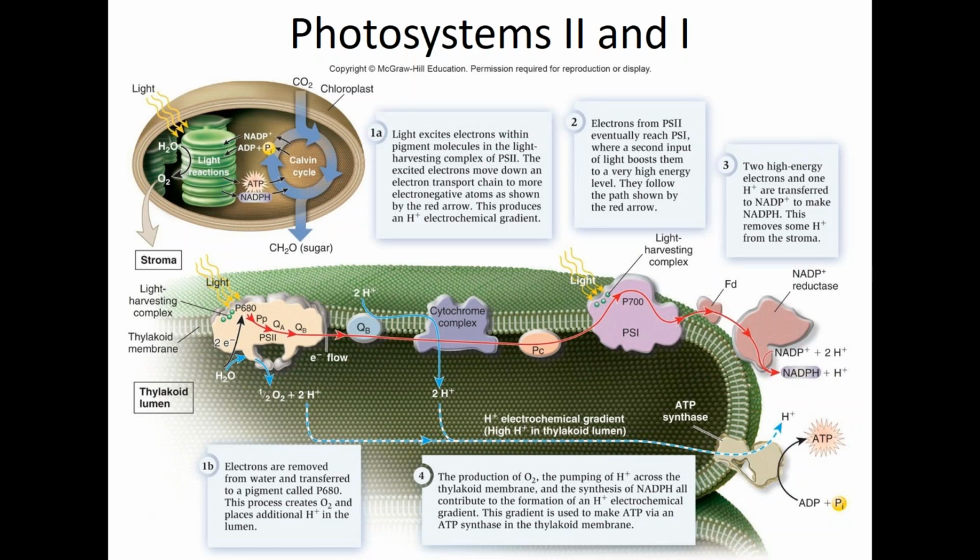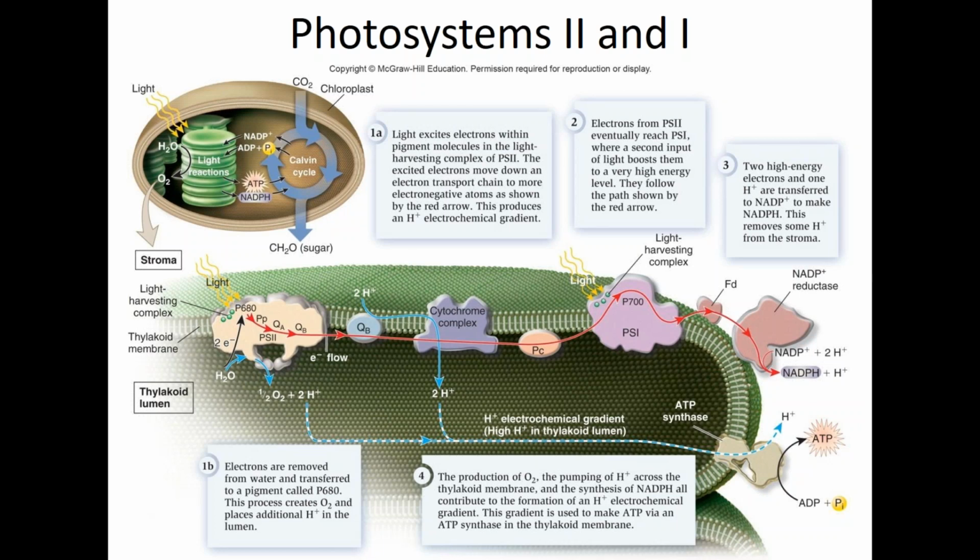Lots of hydrogen ions, or protons, are being pumped into the thylakoid lumen, inside the thylakoid. So it goes photosystem 2, these electrons start bouncing around and they bounce on down the electron transport chain.